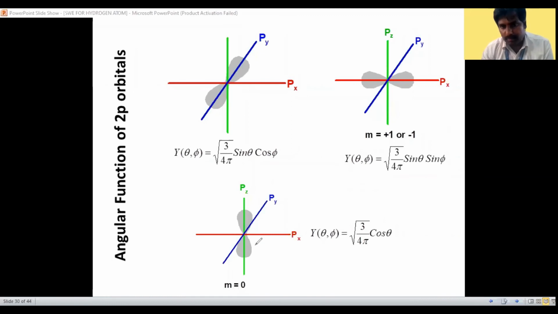And if you come to the pz orbital, this is the angular wave function or angular part. The cos theta is deciding the pz orbital. This is the angular wave part of the p orbitals.